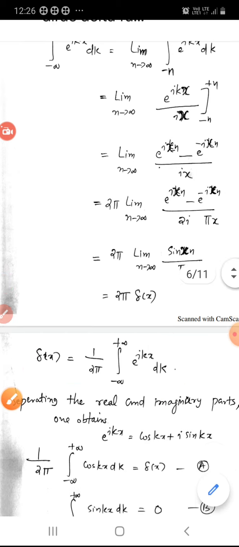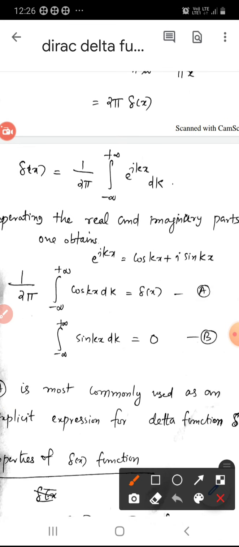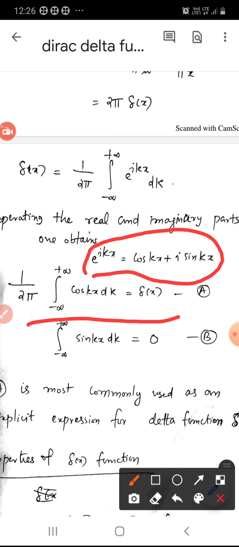Now separating the real and imaginary parts, we can write exp(ikx) as cos kx plus i sin kx. So we get 1/2π times the integral from minus infinity to plus infinity of cos kx dk, which is equal to δ(x). This is for the real part.